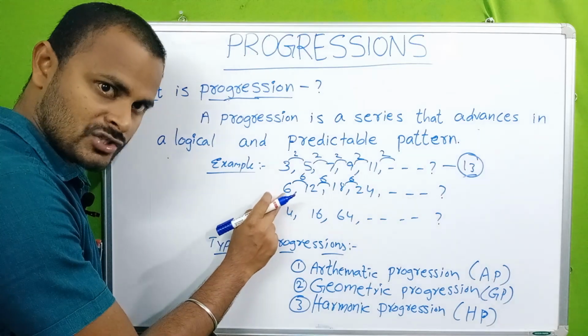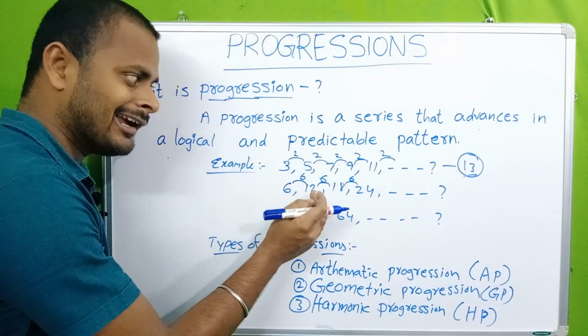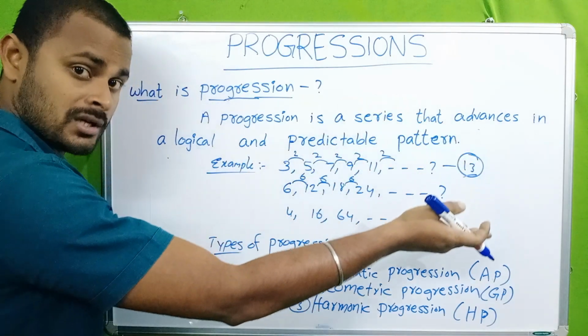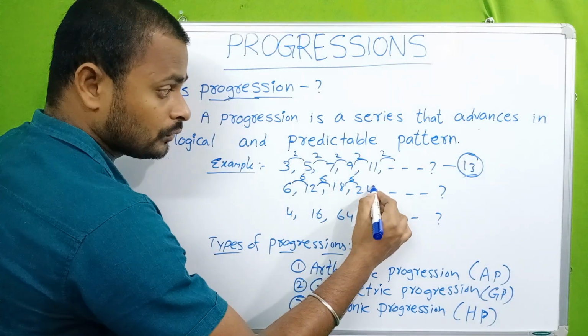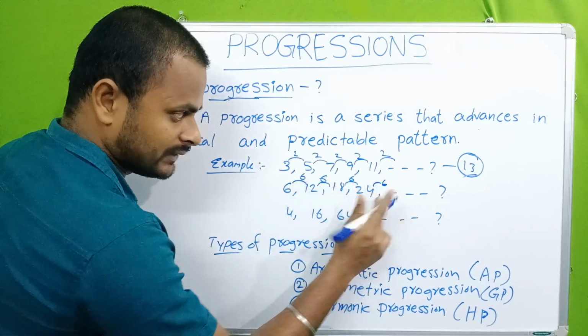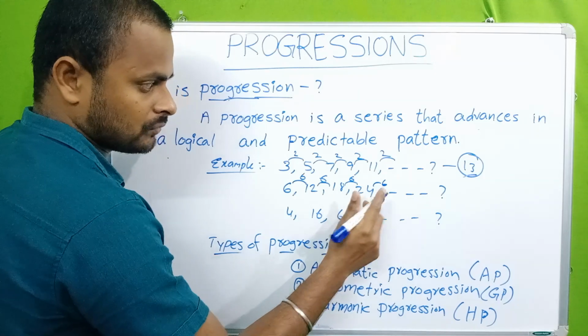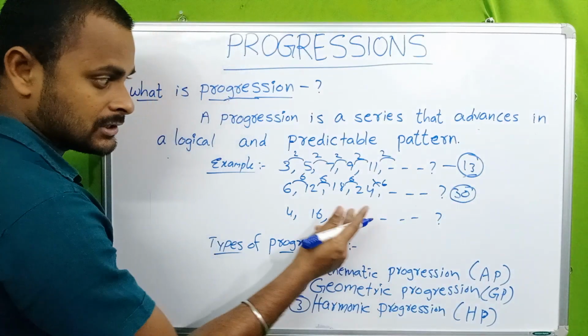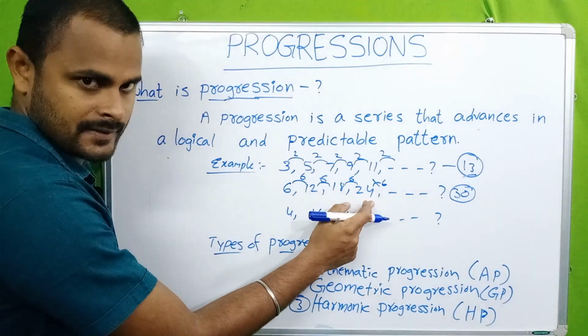So there is a logical relation between the before and after numbers. What is the next number? That is prediction. We have to add this constant number, 6, to the last number to get the next number. So 24 plus 6 is equal to 30.